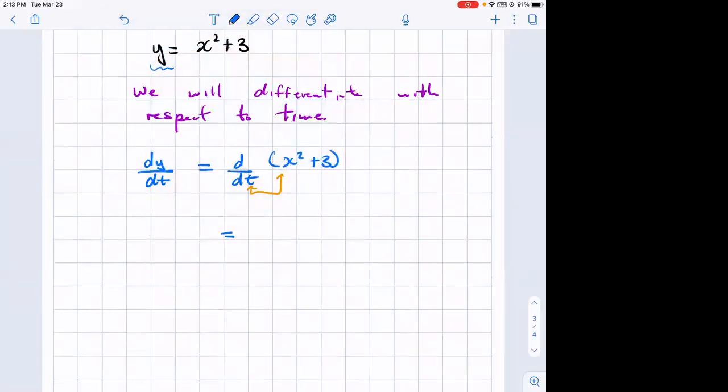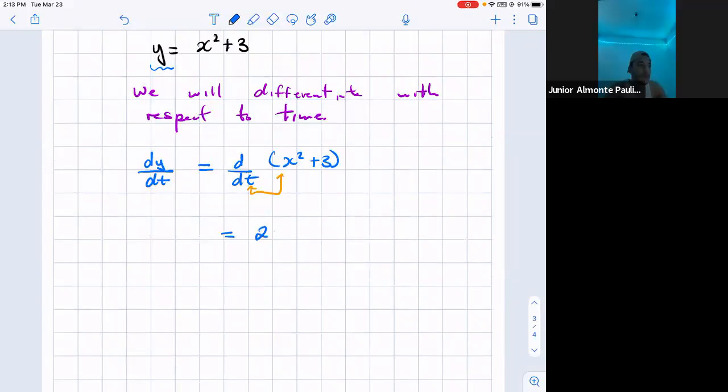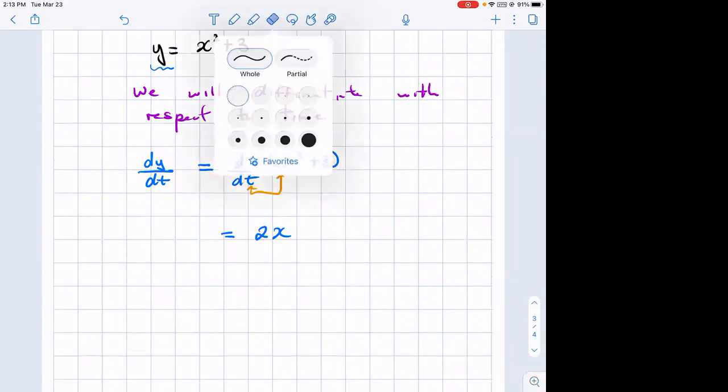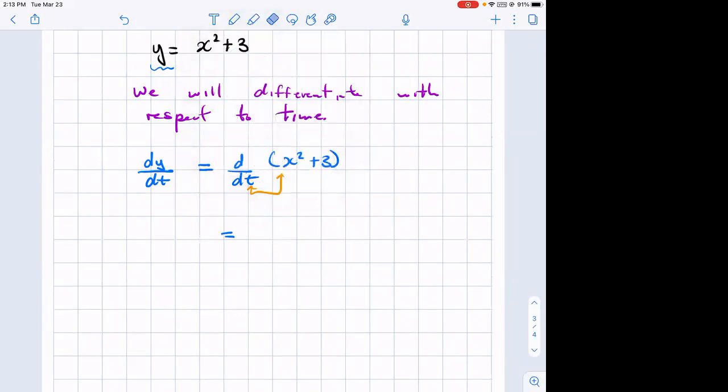If you differentiate x squared, you will get 2x, right? Or maybe I should write it out for you guys if you're not sure of what I'm saying. This is the same as d/dt of x squared plus d/dt of 3, right?